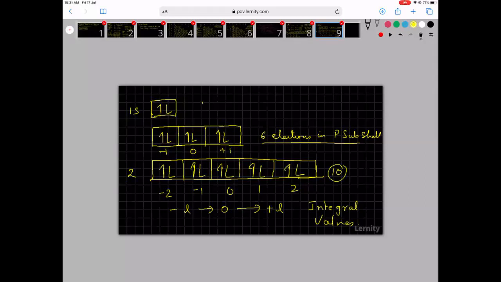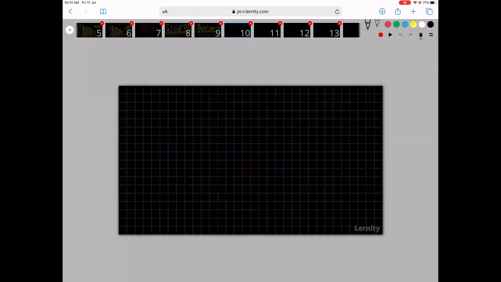So this is in s, this is in p, this is in d. Now the same logic, if you go to f, f is -3, -2, -1, 0, 1, 2, 3.